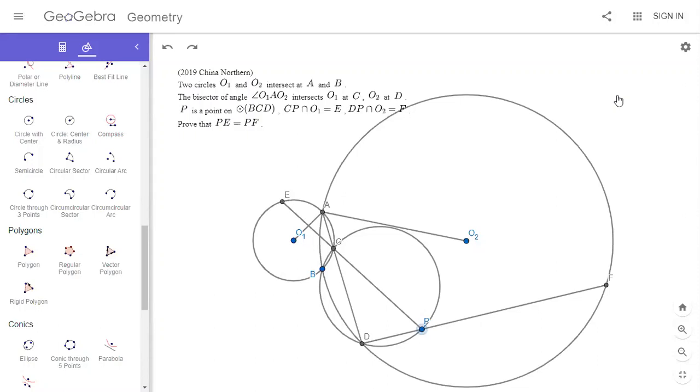It feels like it should be angle chaseable. Like how do we show E, A, F collinear? Once we know they're collinear, then we can finish with an angle chase. But how do we show that? Is it obvious? Is it just an angle chase to show that?